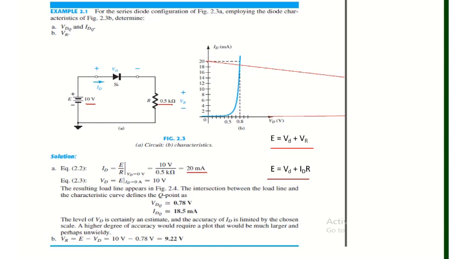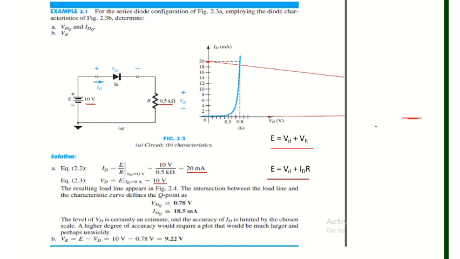So this is the ID point. Whereas in the second case, VD is equal to E, so just insert the value of 10 here. It will be around somewhere here. In the next figure we'll get the value. So we got 2 points: the first point is on the vertical axis, whereas the second point is along the horizontal axis.